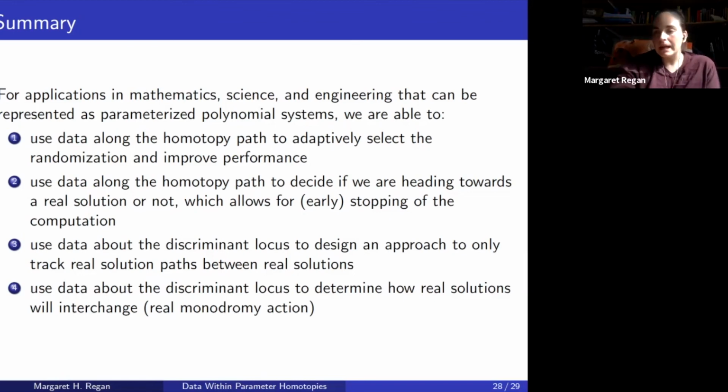So there are many different ways that, even for just homotopy continuation methods, we can use data to find solutions and to increase the performance of our various algorithms, where our main goal is to really only work with these real solutions.